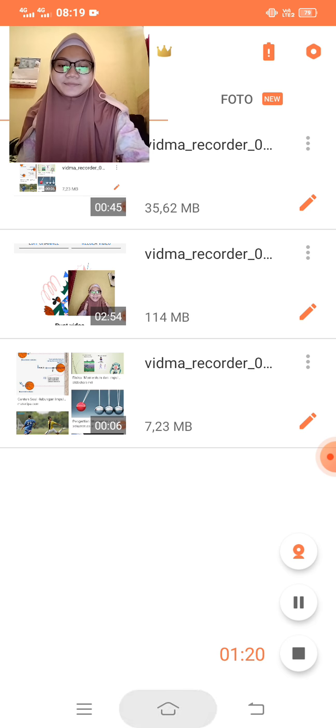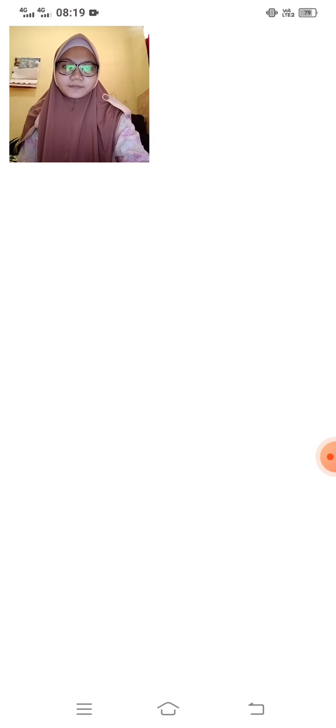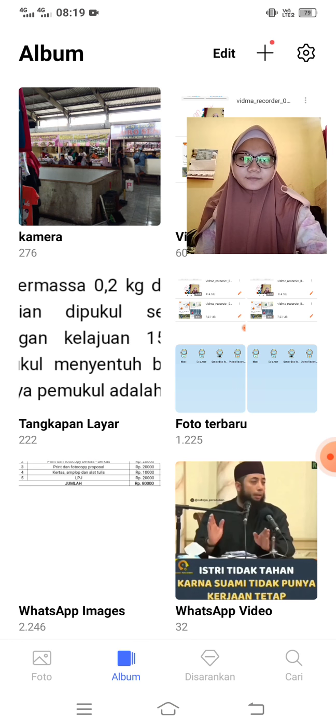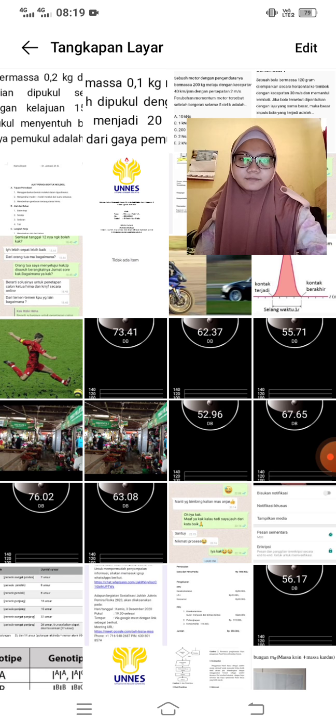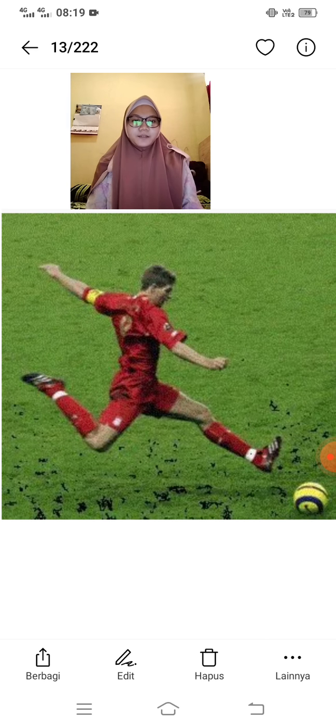Impulse. As explained earlier, we need a force to make a stationary object move. An example is when we kick a ball that is still on the field.